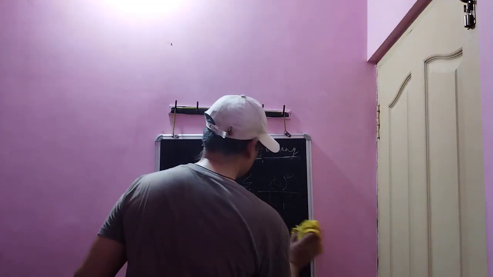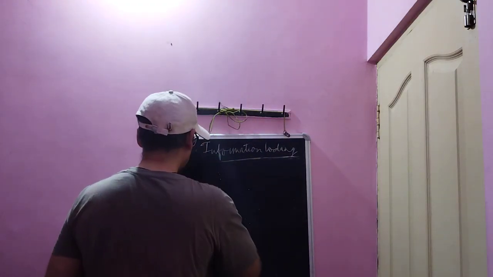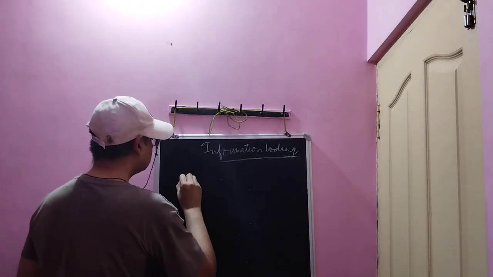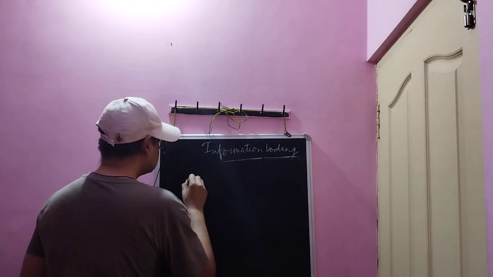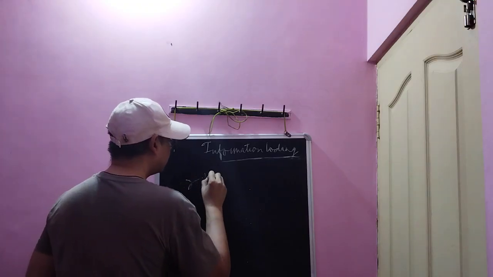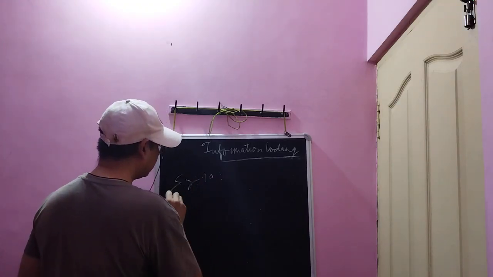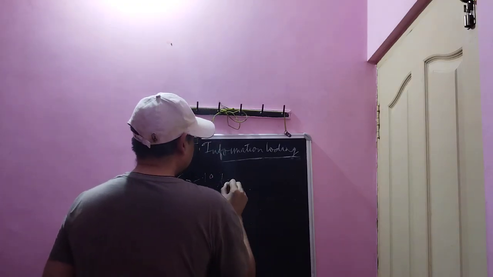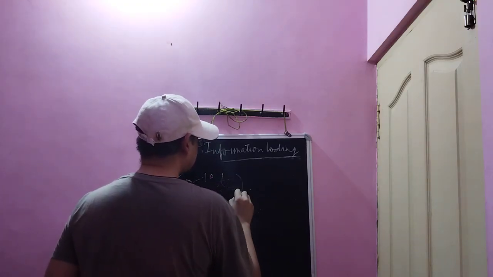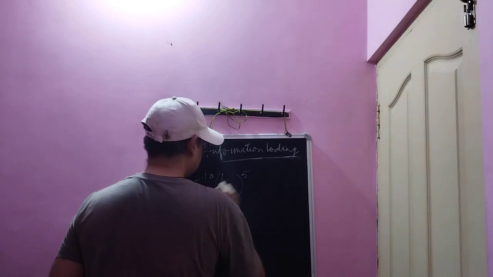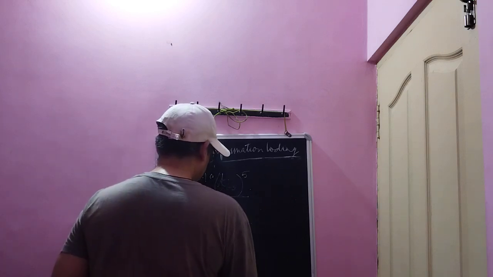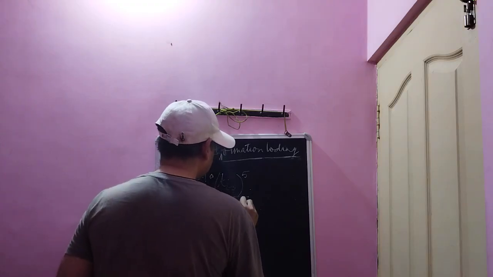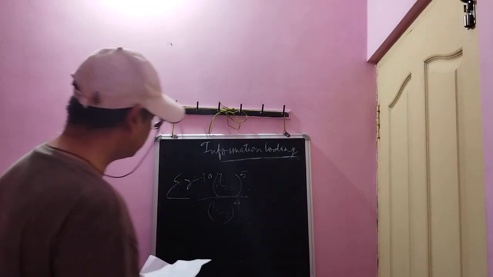Again expanding it one more time, we will get r power 10 times (Ti minus 3) whole power 5 by (Ti minus 4) whole power 4, and so on.